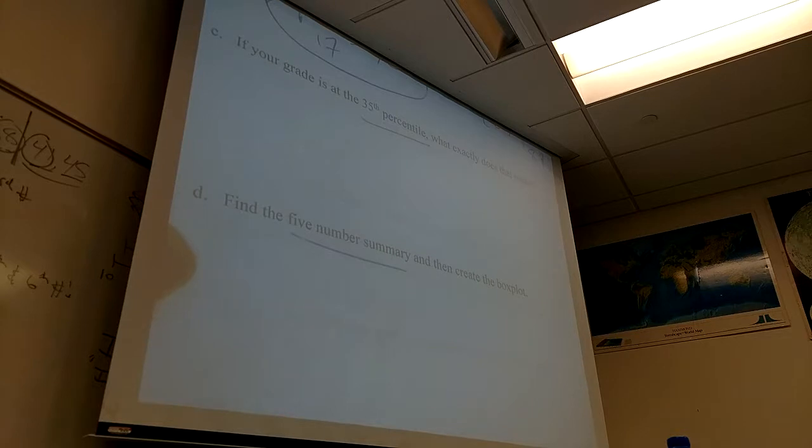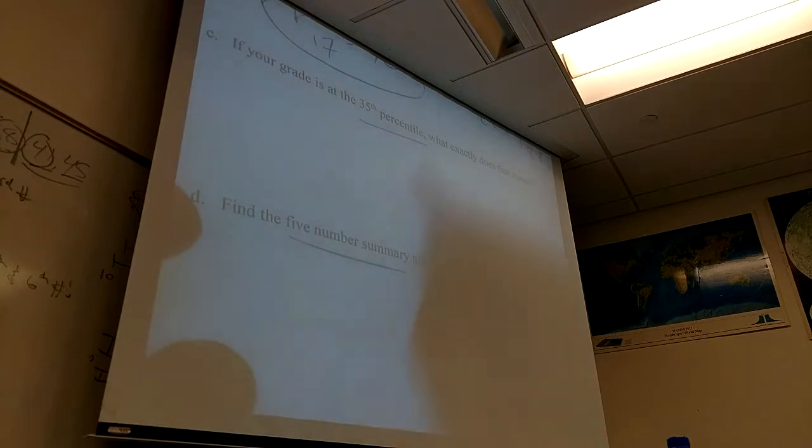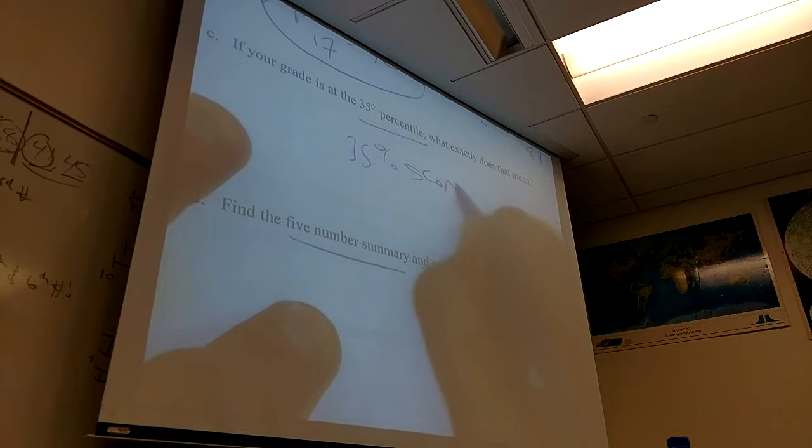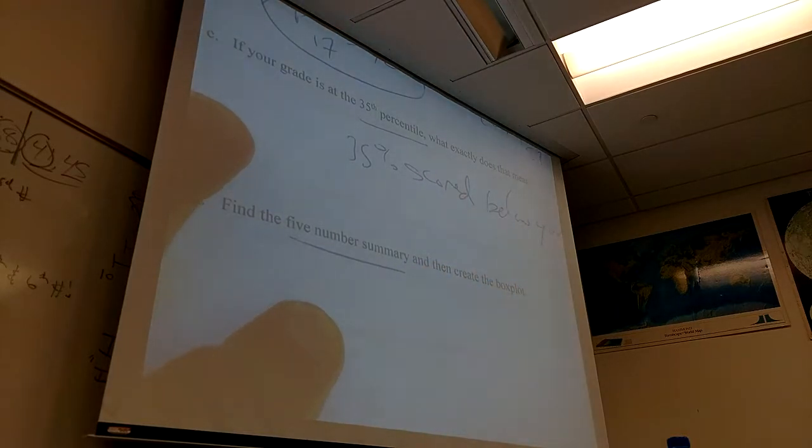No. Does that mean you made a low grade? No, it doesn't. You could have made a 90. It just happened that 65% of people made higher than a 90. And there have been quizzes like that given out. So here it means 35% scored below you. So it's not a good place to be.